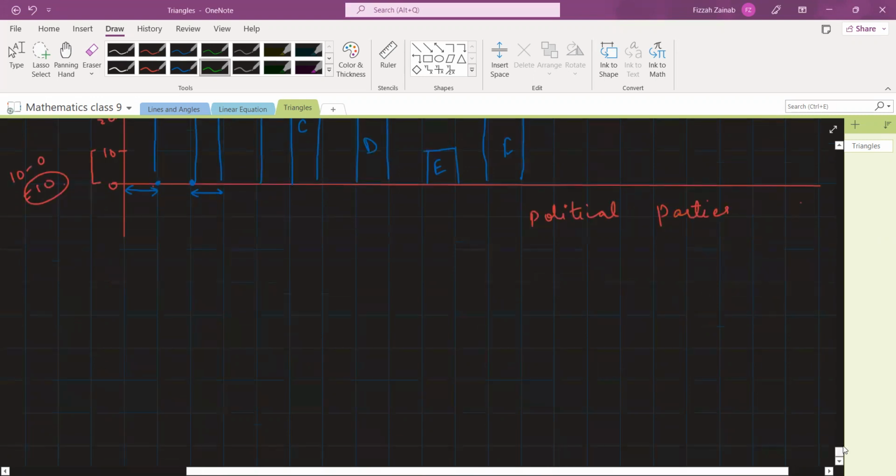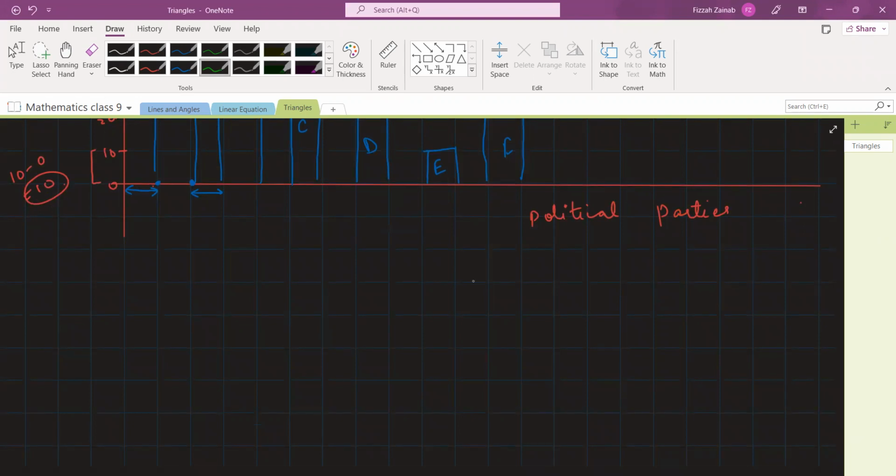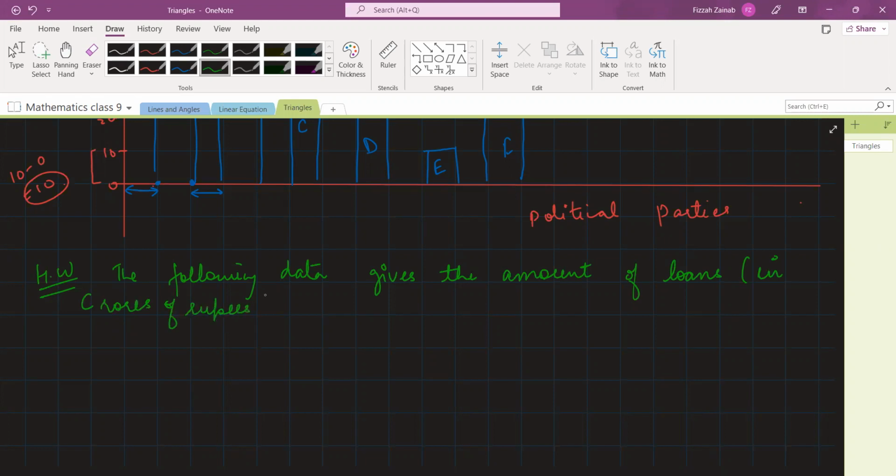Okay, so I'm giving you a homework question, Jocelyn, now. Please note the following data gives the amount of loans in crores of rupees disbursed by a bank during some years.